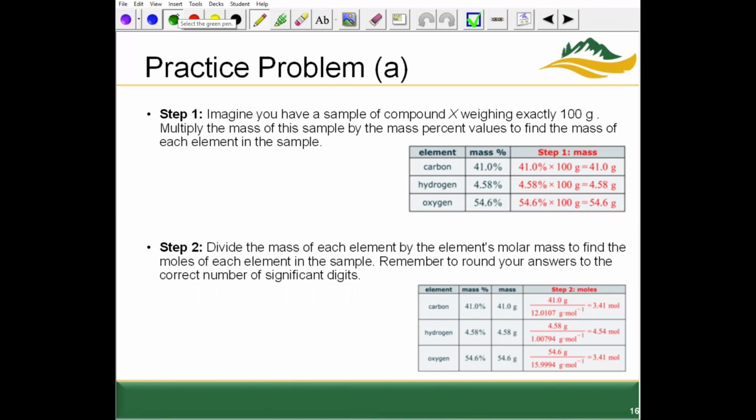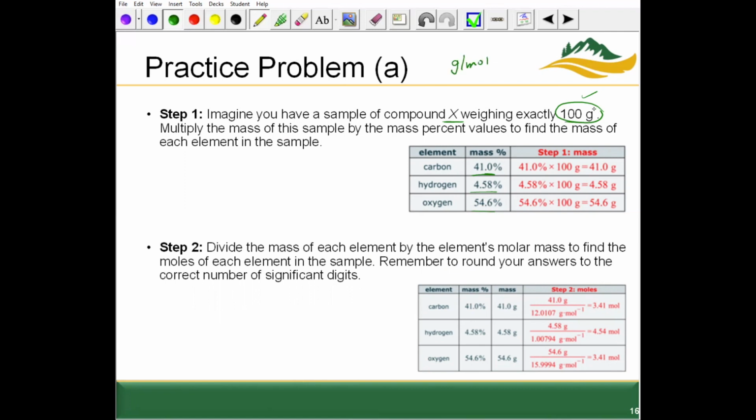So step 1, imagine we have a sample of compound X. We're going to assume it weighs exactly 100 grams. In the problem, we were given these mass percentages, so 41%, 4.58, and 54.6. When we assume the total compound weighs 100 grams, and remember the mass of a sample is totally unrelated to its molar mass, right?